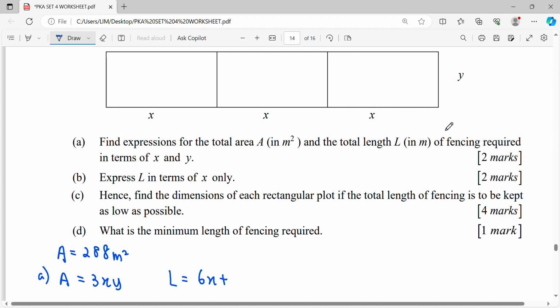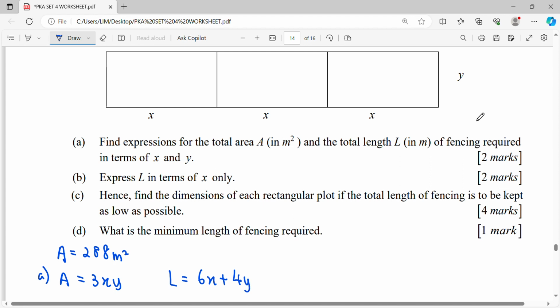So they want fencing by 3 blocks. It's not one total length like that. They want to split it into three sections, right? So the fencing here means 1y, 2y, 3y and 4y. So your fencing here is 4y.